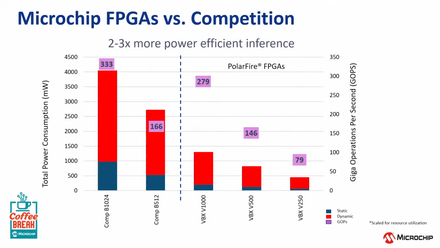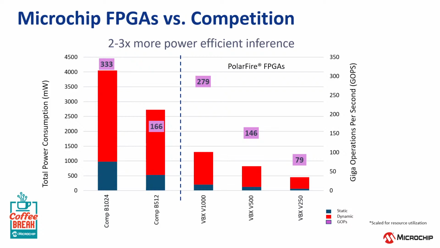We have three different sizes of accelerators with different trade-offs of performance versus resources. The number in the purple box is a measure of the performance in giga operations per second. We just tried to find some that are in the same range. The bars are the power consumption: the blue part is the static power, and the red part is the dynamic power. You can see that for similar performance numbers, PolarFire is consuming far less power.